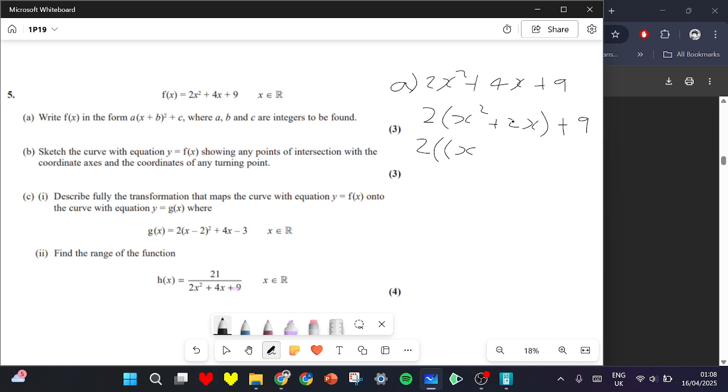So this one's 2, right? So half of that is 1. Do that squared, and then take away whatever this one is squared. So 1 squared is just 1, and then 9.